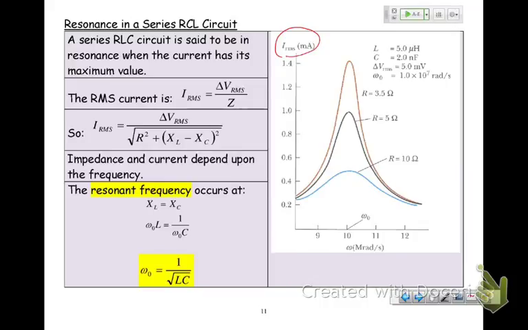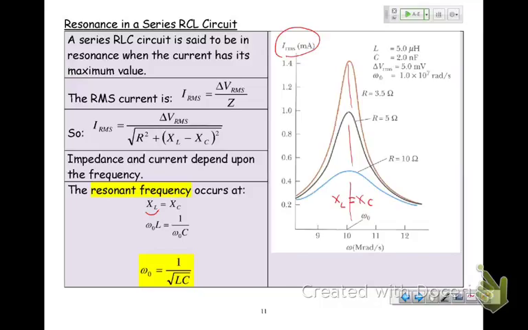And at whatever frequency you have for your sweet spot, you get the maximum current. Now, what can you tell me about XL and XC at this frequency? They're the same. So at that frequency, they're the same. And I'd like to know what that frequency is.